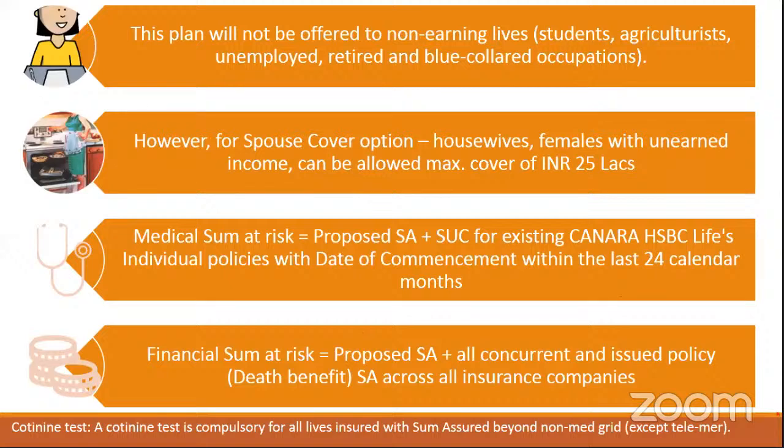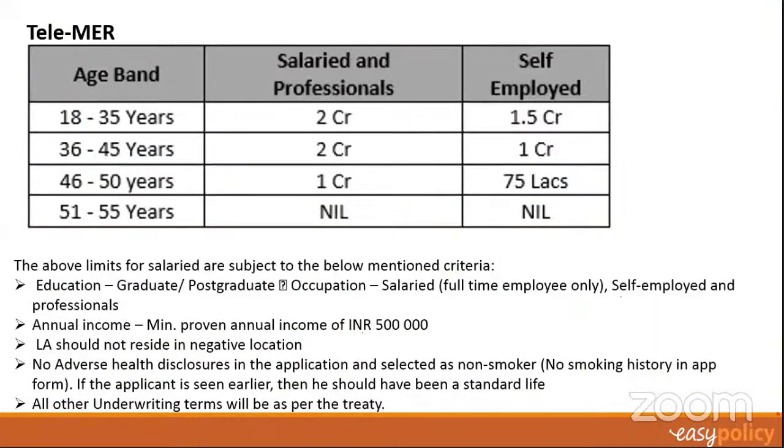So non-earning individuals cannot be given. Spouse cover can be given for housewives, as I already told you. The telemedical grid is again very simple for them. Up to 35, salaried and professionals can take up to 2 CR of cover, and self-employed can take up to 1.5 CR.